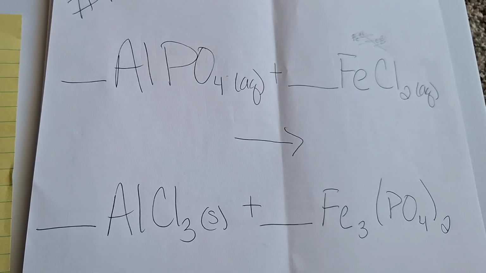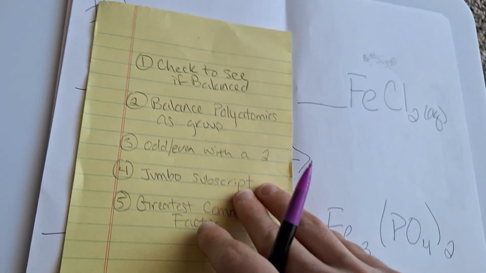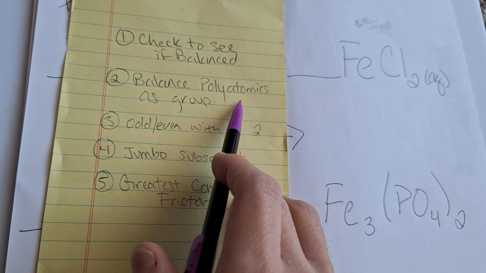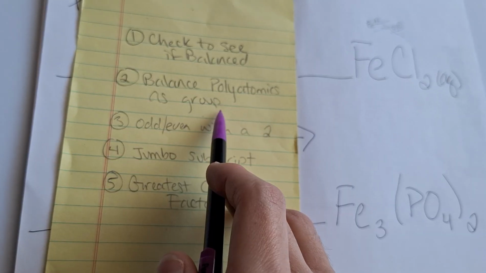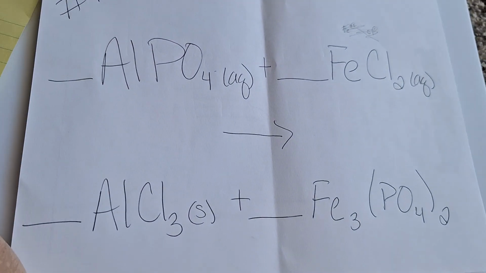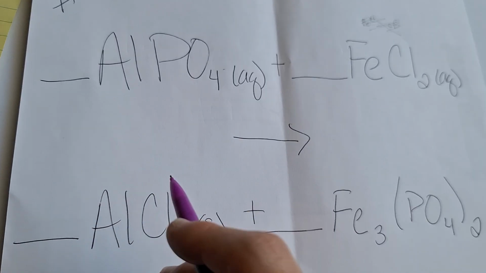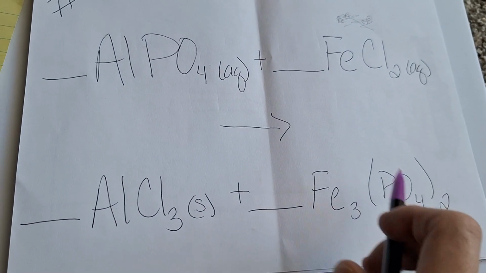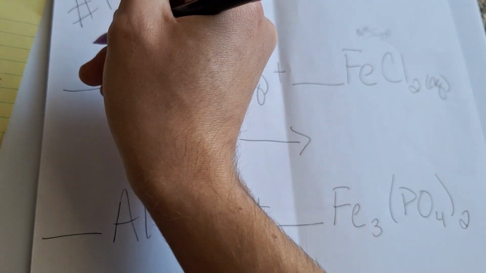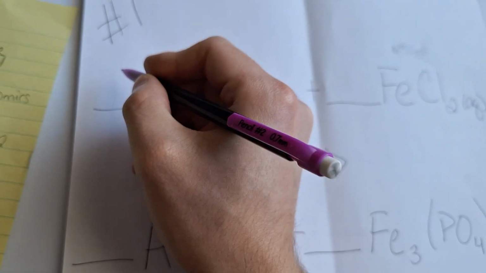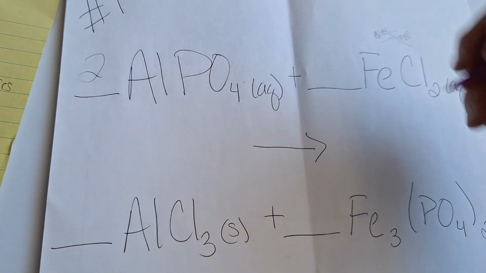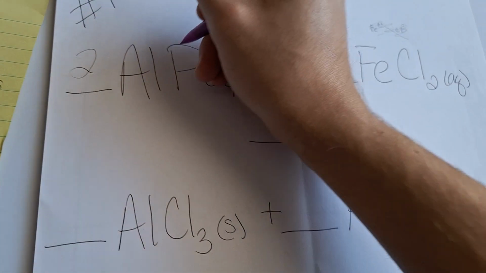So that leads me to rule number 2: balance your polyatomic ions as a whole group. If we have 2 here and 1 here, what we can try first is to put a 2 here and see if that works. So if that means we have 2 phosphates, we can check that off.